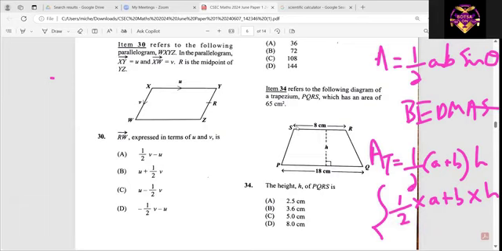So if I were you, I would put this bracket on, because that has to be worked out first. A and B has to be added first before you multiply by a half and the other thing, which is the height. So the safest thing, because brackets always indicate what is done first, right?